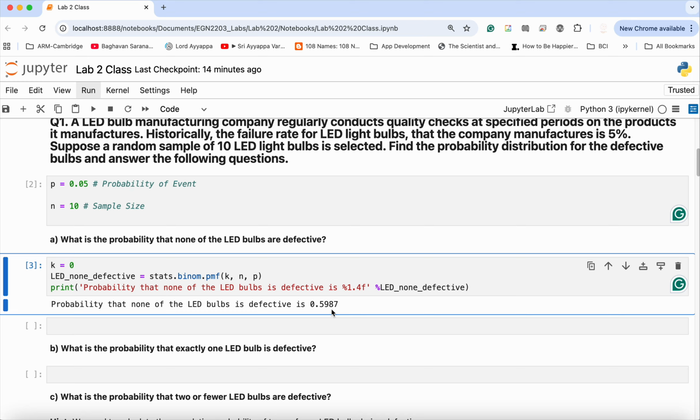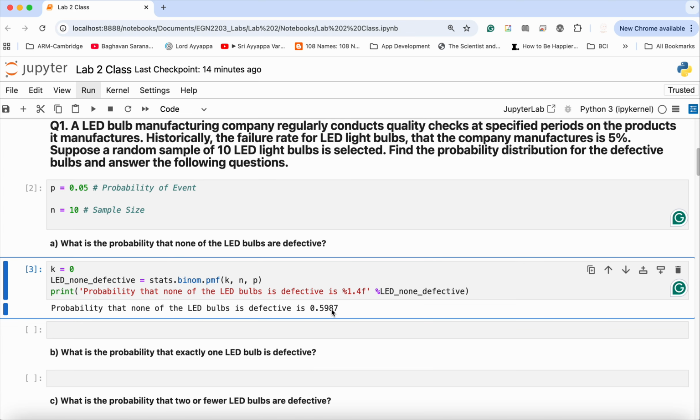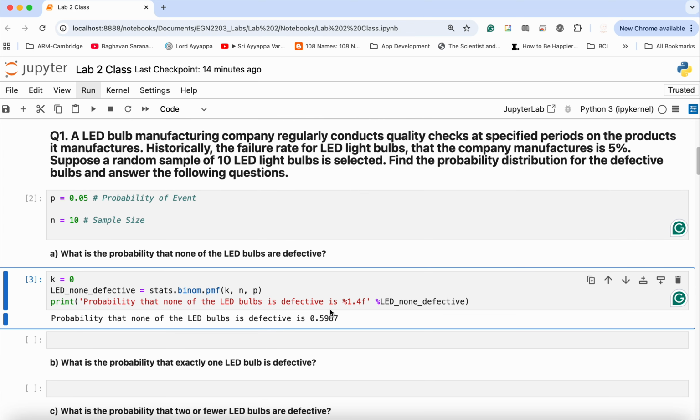I hope this is clear. The approach is, first, understand the context of the question. From the context, extract p and n, and from there, if I want to know the probability of any particular instance, I use the stats.binom.pmf function, specifying k, n, and p.